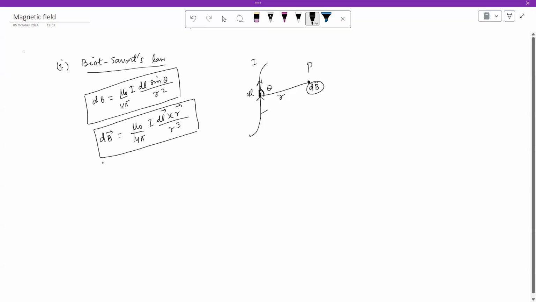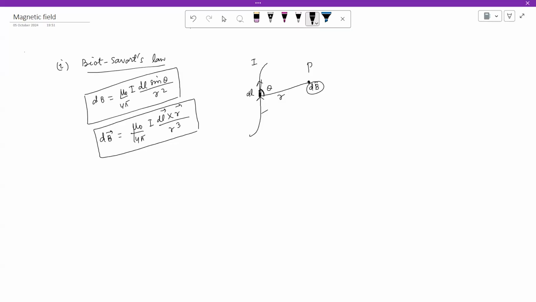So this is the vector form, and how do we get the direction of the magnetic field? Cross product, right?